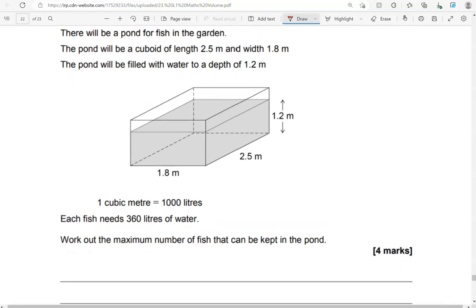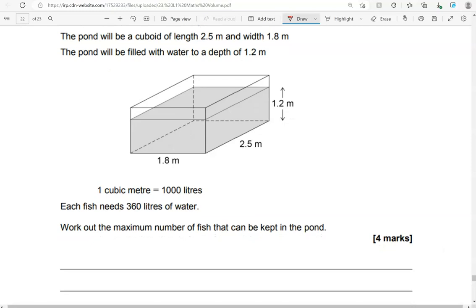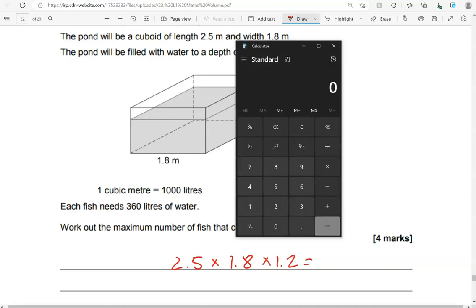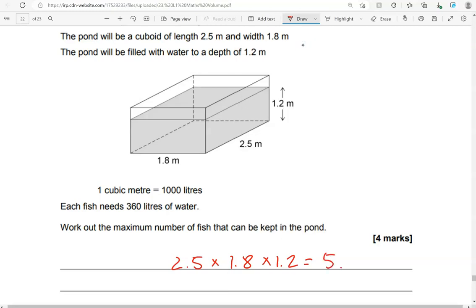We've got the dimensions being 2.5, 1.8 and 1.2. So we'll multiply them, and that gives us 5.4 cubic meters.